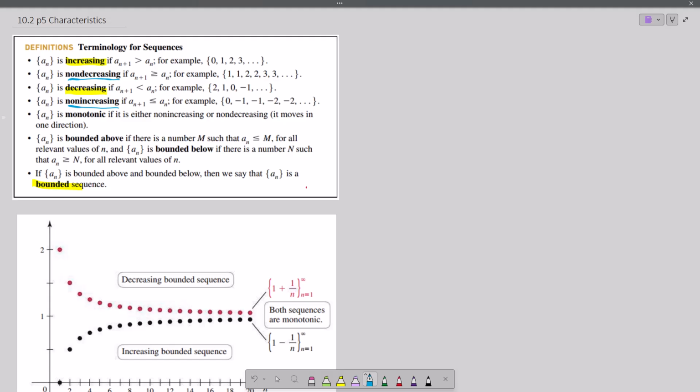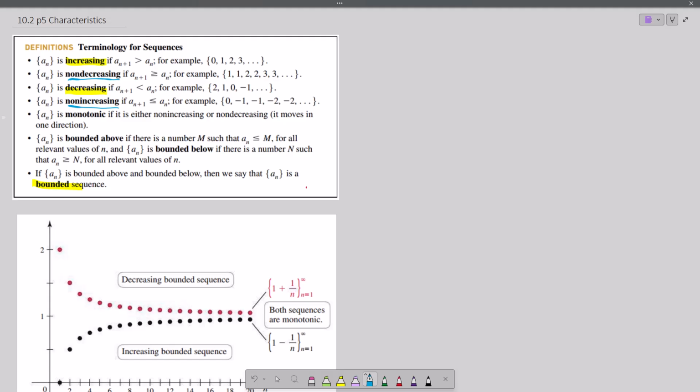All right, and then for decreasing, same idea. Non-increasing means not going up, so it can stay flat or go down. It's trending down, but it can have flat spots. But again, in practice, creating a non-decreasing or non-increasing sequence is very hard. If we're just looking at functions like you're used to from Calc 1 and pre-calculus, they're either going to be increasing or decreasing.